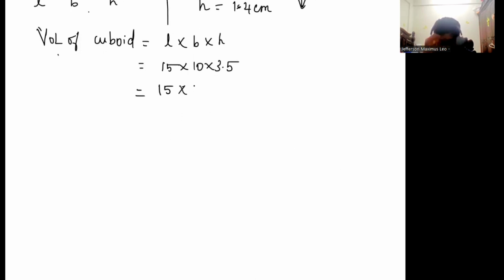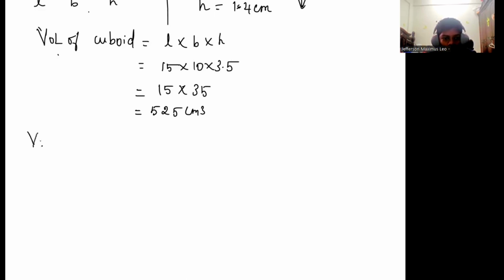The answer is 525. Yes, good, 525 centimeter cube.